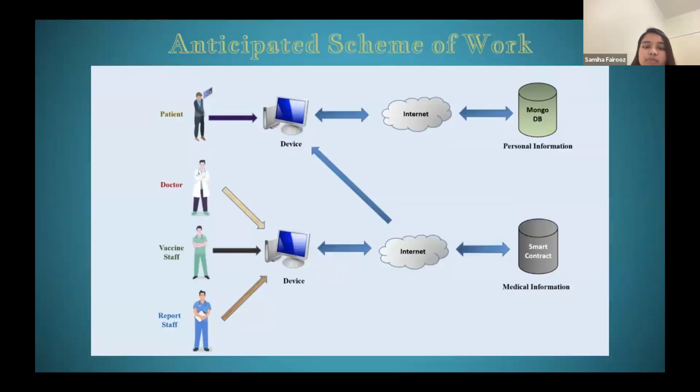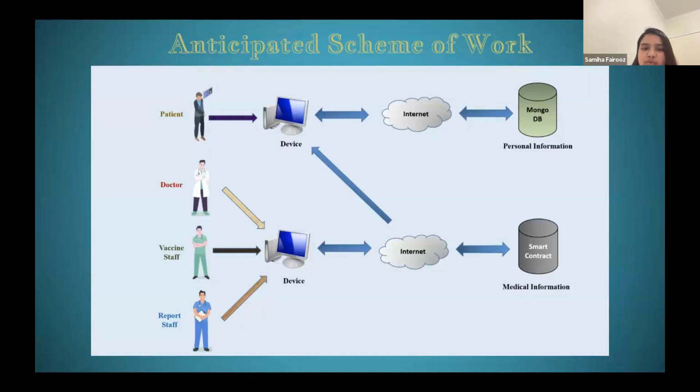As an overview, the web application consists of 4 users: patient, doctor, vaccine staff, and report staff. The system diagram, as shown in the picture, encapsulates the functional workflow of the users where access to the medical records has been restricted for security concerns.